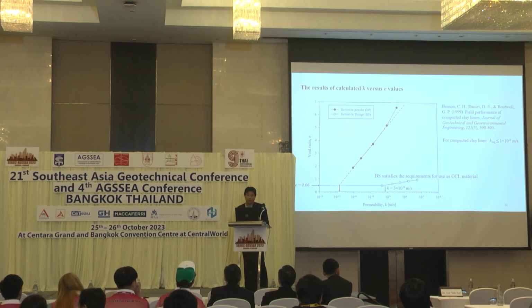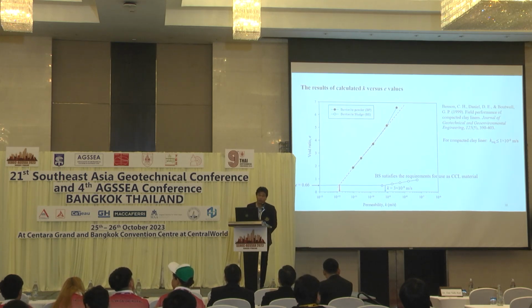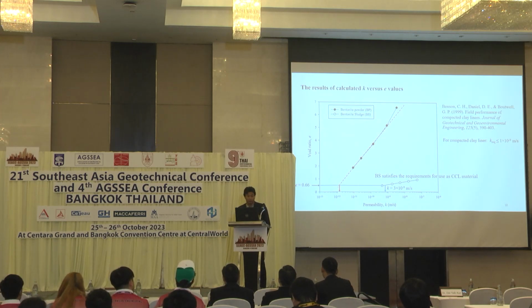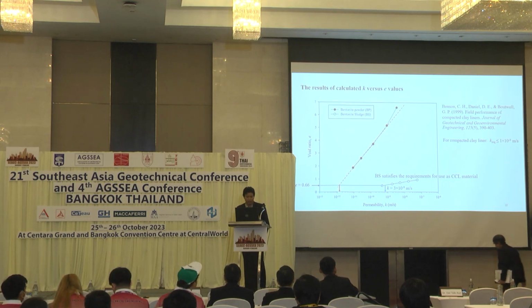So if we conduct the consolidation test using the Taylor equation, we can obtain the relationship between void ratio and permeability. As you can see, the solid black shows the relationship of the bentonite powder, and the white one shows the bentonite sludge.